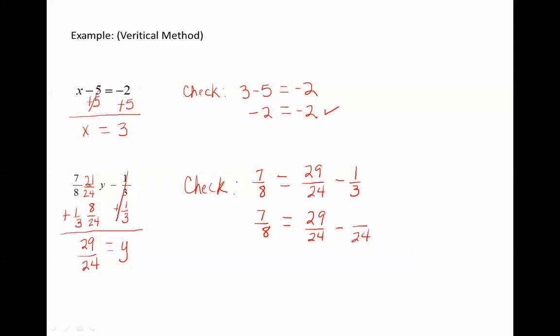The other one, 3 going to 24 8 times. 8 times 1 is 8. Bring the 7/8 down, do your subtraction, and you have 21 over 24. And then simplify 21 over 24. They're each divisible by 3, so it simplifies to 7 over 8. So it does check. So 29 over 24 is the correct solution.